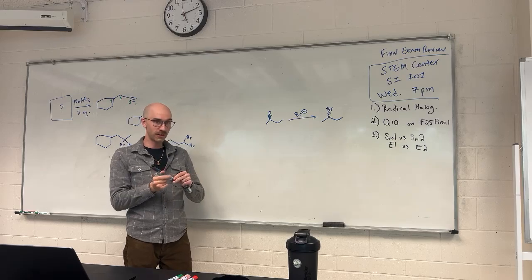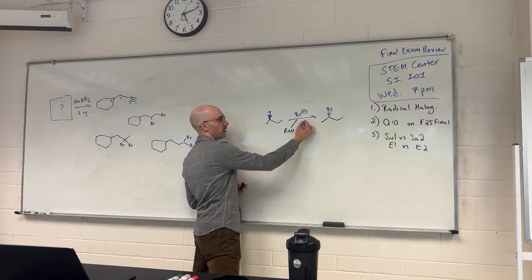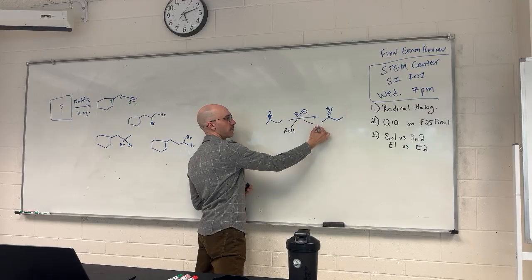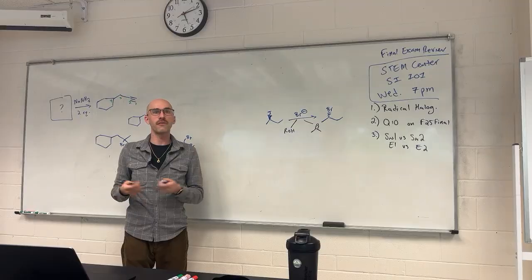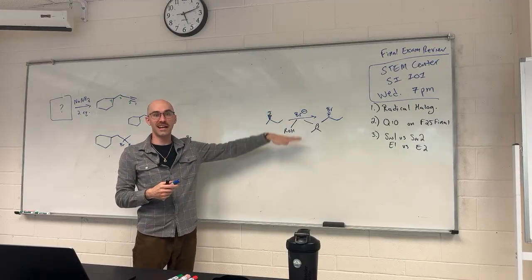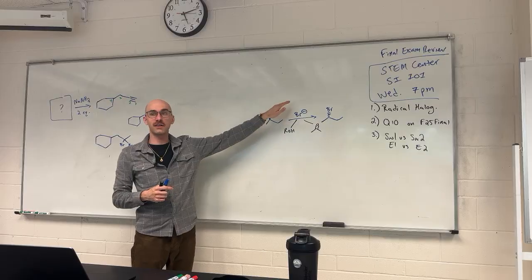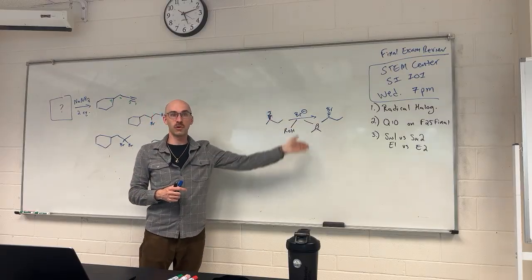I could run this reaction in a polar protic solvent or a polar aprotic solvent. Which one would it run faster in? And then we could compare the different halides: how does chloride compare to bromide compare to iodide in polar protic versus polar aprotic?